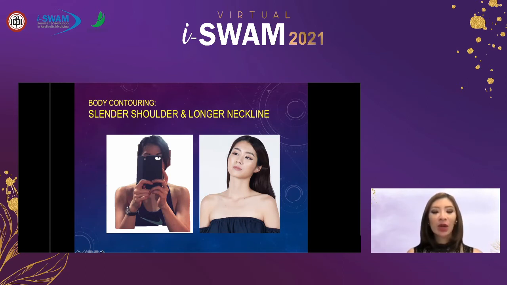So what we can offer for body contouring of the trapezius muscle is for the patients who want to have slender shoulders. This also can give a longer neckline appearance, and this looks very girly. And for your information, this is myself. I love being muscular, so I do not want to have my trapezius muscle injected.